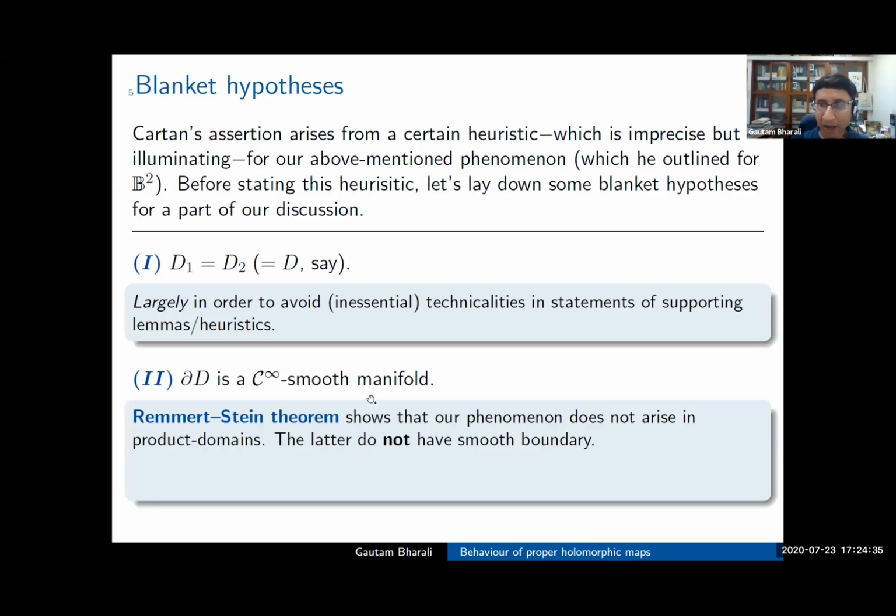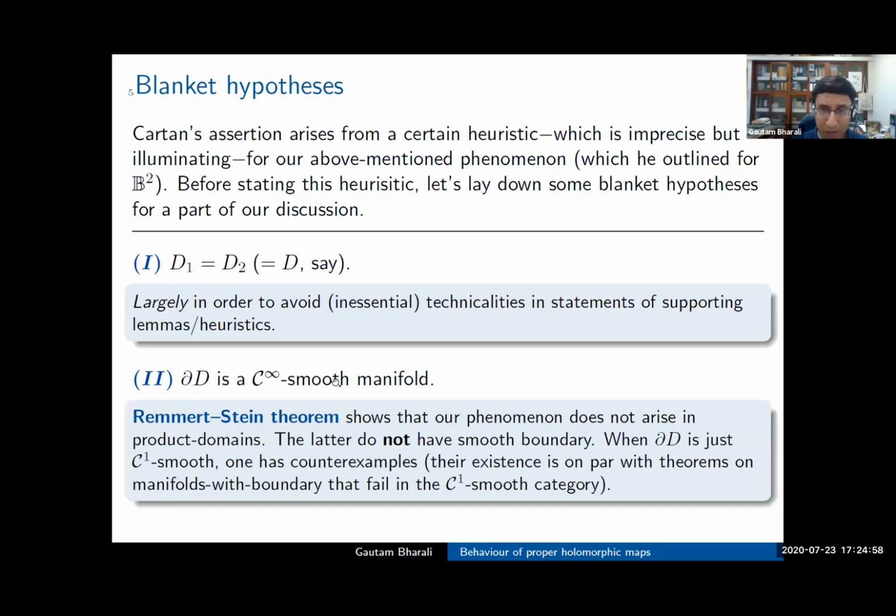Now, I need some condition on the boundary, because remember, what the Remmert–Stein theorem shows is that the Cartan phenomenon will not arise when I'm looking at product domains in general. But then remember, product domains do not have smooth boundary. There's also a deeper reason.